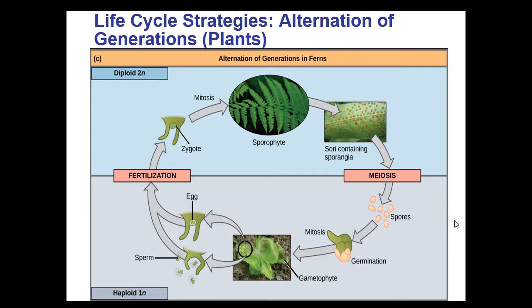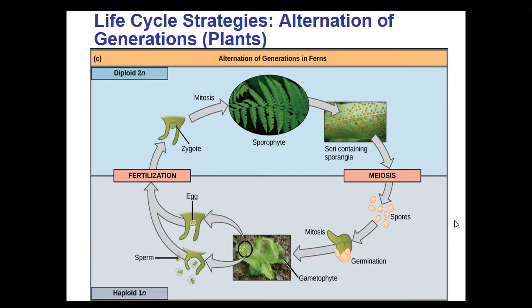In fact, there's a male gametophyte and a female gametophyte. The male gametophyte is so small it fits inside of a pollen grain. That's what a pollen grain is. It has a little tiny adult plant inside of it, but it's microscopically small.